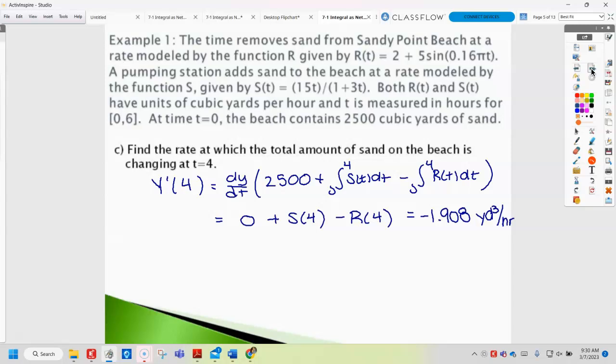Yeah, that's all I have on my calculator. And then I try to show, remember I said it's the fundamental theorem of calc where you derive the integral to get the rate. So it's like dy/dt equals y prime of 4 because it's said rate.